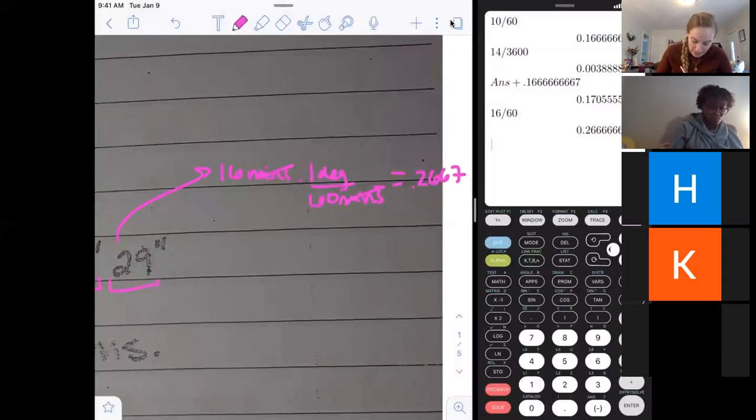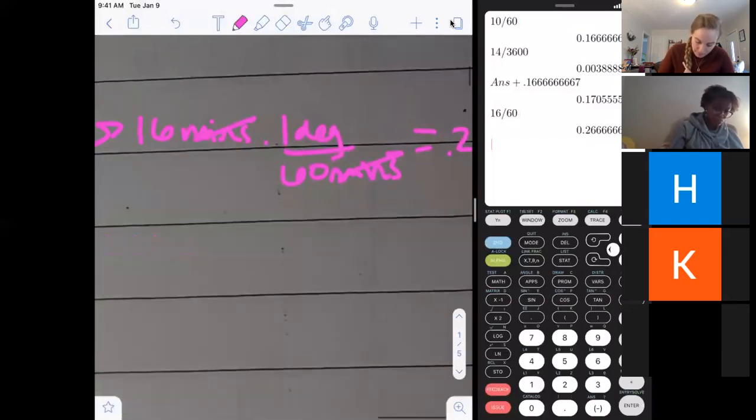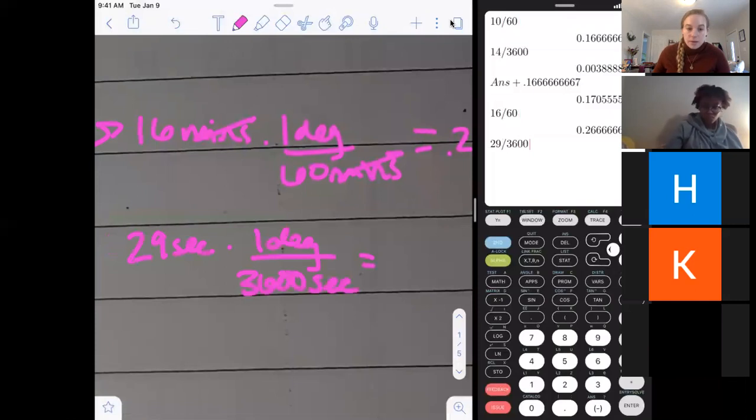Then I have to do my seconds, which is going to be 29 seconds. And I'm going to do 1 degree over 3,600 seconds. So I'm going to do 29 divided by 3,600, which is another crazy decimal, 0.00805556.